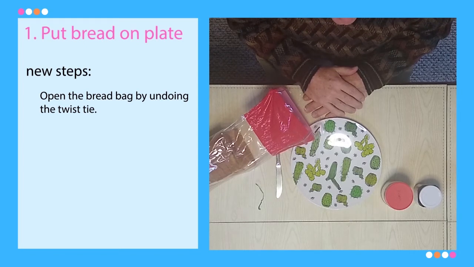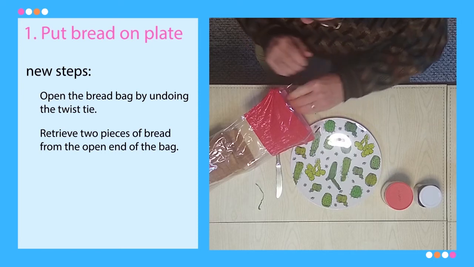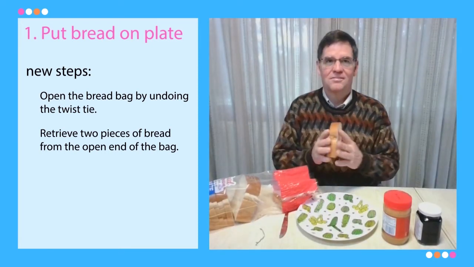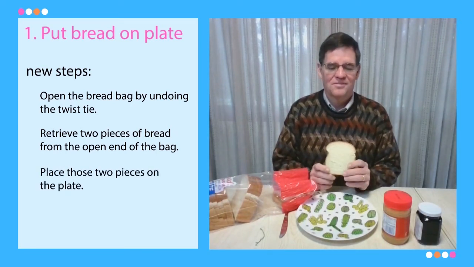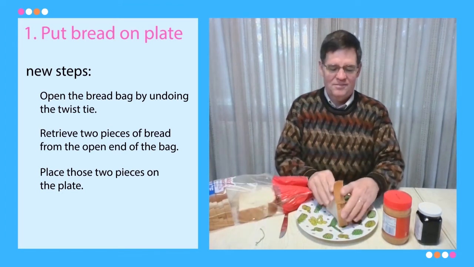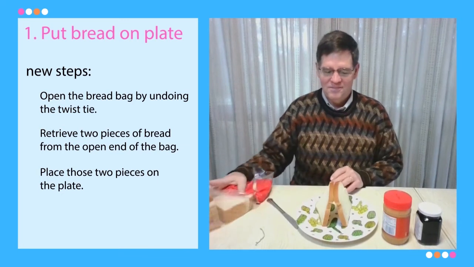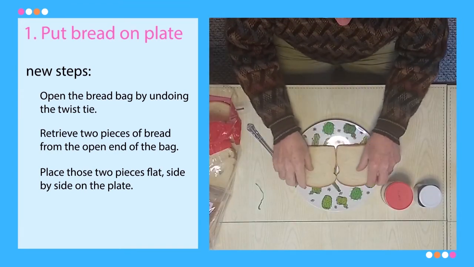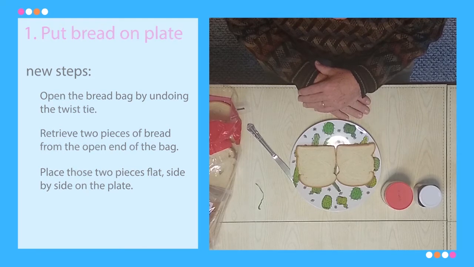Now I can say, retrieve 2 pieces of bread from the open end of the bag. And place those 2 pieces on the plate. No, not like that. Place those 2 pieces flat, side by side on the plate.